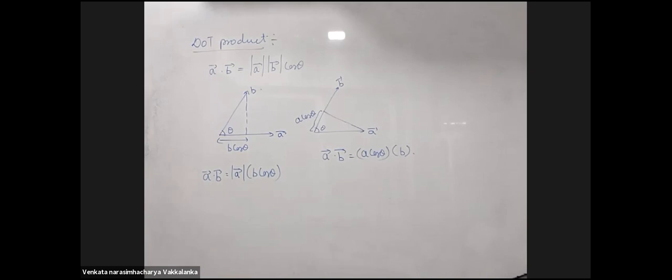Sir, can you repeat the definition? A dot B is magnitude of A into magnitude of B into cos theta. Theta is the angle between A and B. Yes, sir, thank you.